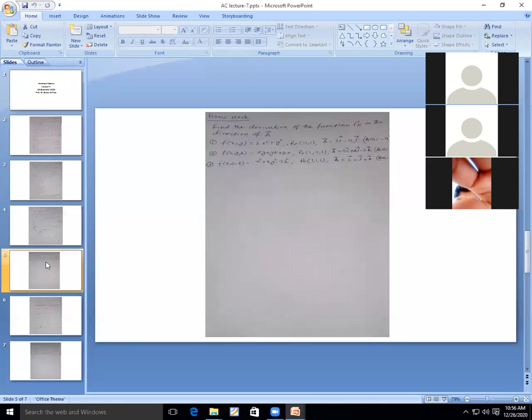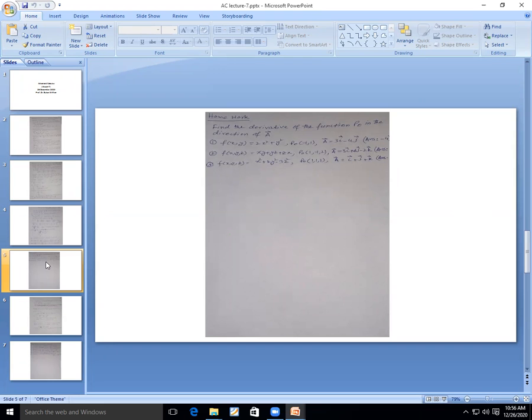Now here is one simple exercise for you. This is homework. You can practice on it. Now look at the slide. It says to find the derivative of the function given below at the point P naught in the direction of this vector A. Don't be confused.